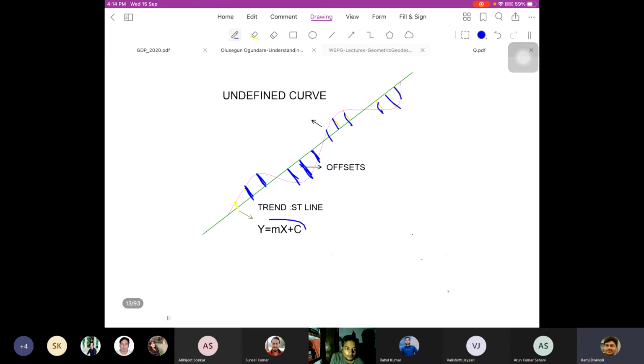That's how we do it, and this line will become the best fit line, plus we get certain so-called offsets from this best fit line. This is our nature of job. That's how we do it, isn't it?